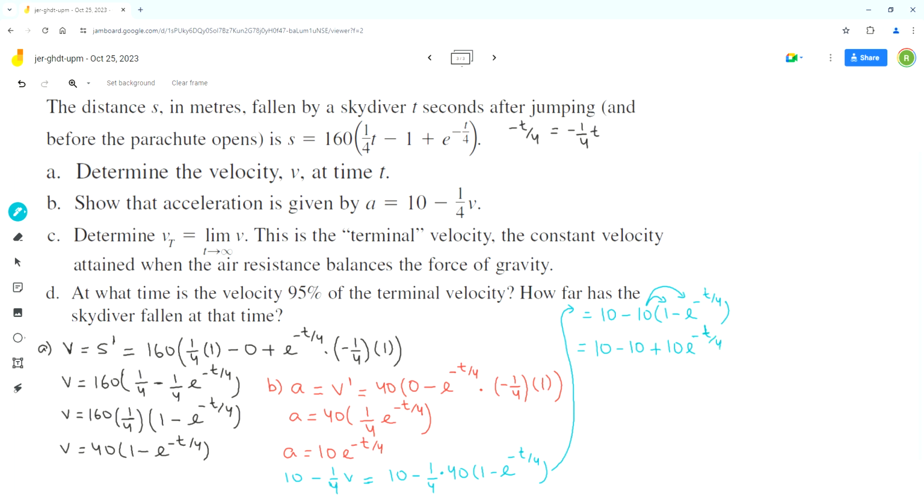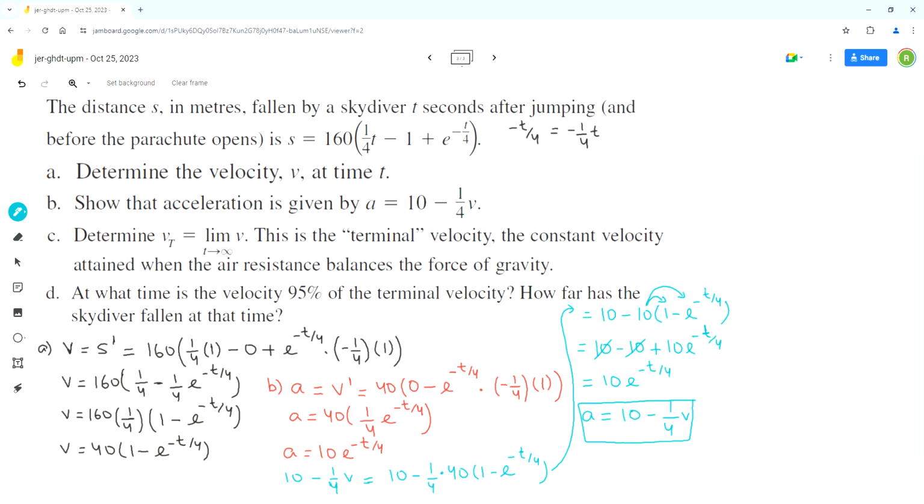Now the 10s will get cancelled out, and we are left with just 10 e to the power negative t over 4. So that means the acceleration is equal to 10 minus 1 over 4 v, because we got the same expression on both sides.